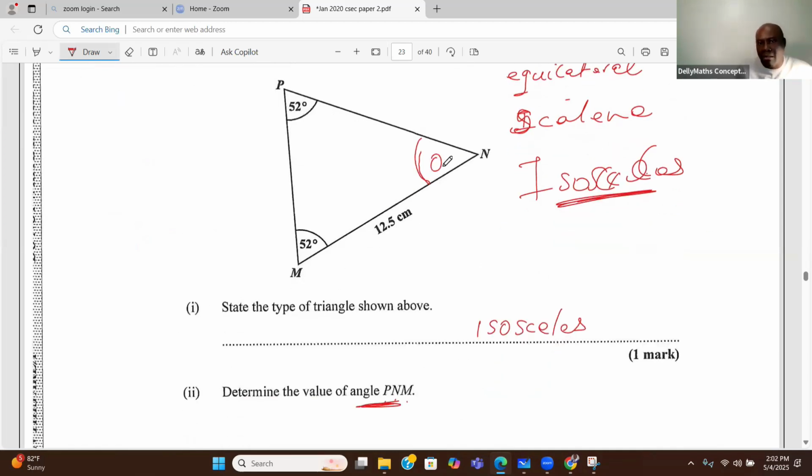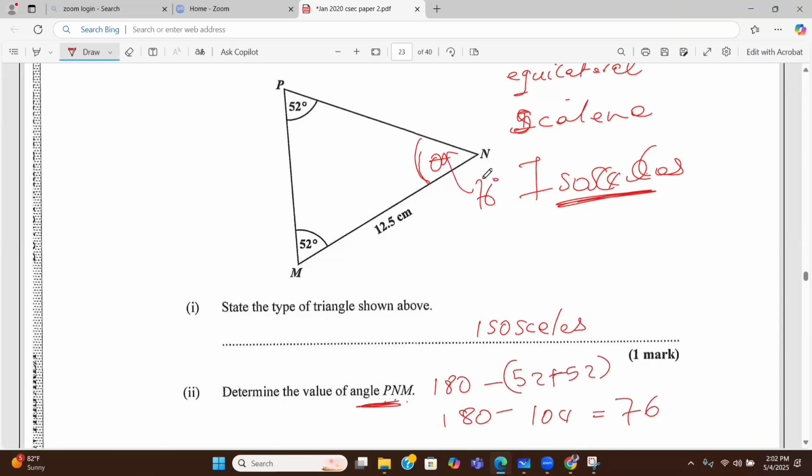This is the 3rd angle. The total is 180. So if I add these 2 and take it from 180, I'm going to get 180 minus 104. We're left with 76 up there. Everybody agree that we get 76 up there? Yes, sir. All right.